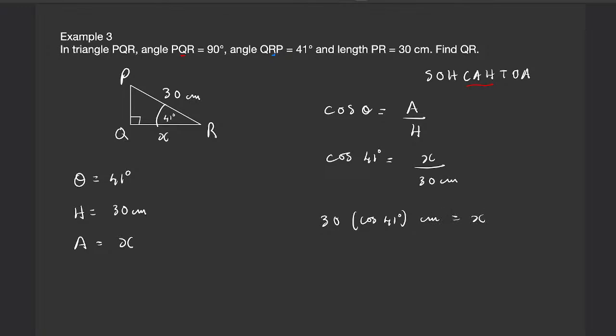I can rewrite my equation: x is equal to 30 times cos 41 degrees. I go into my scientific calculator, put 30 times cos of 41, and I get x is equal to 22.6412, and that is in cm.